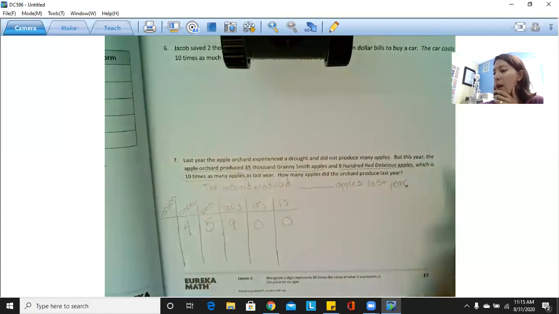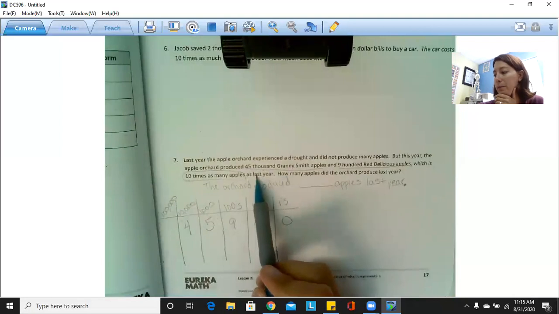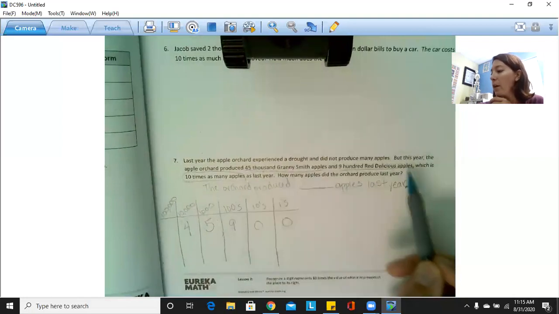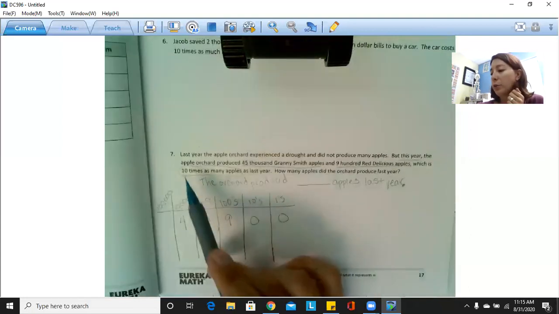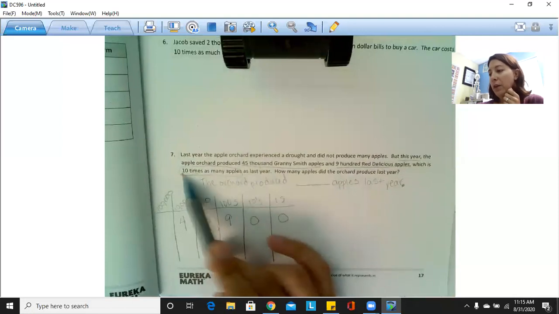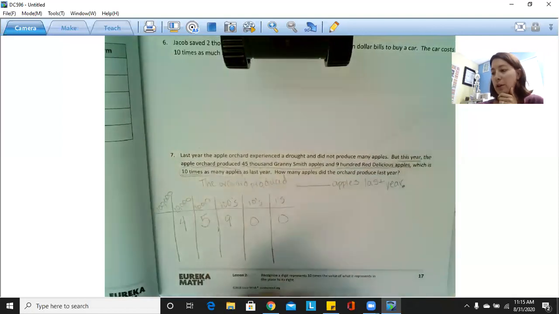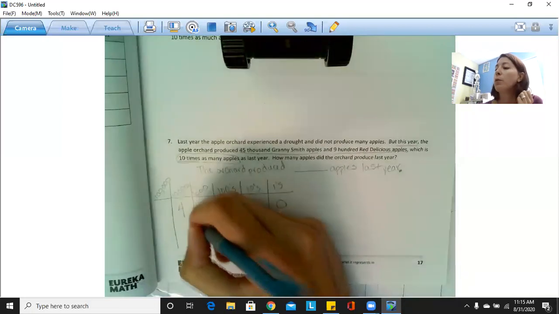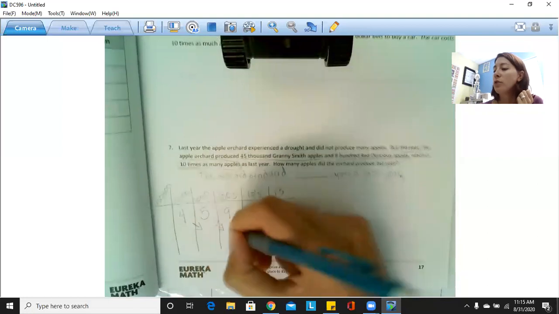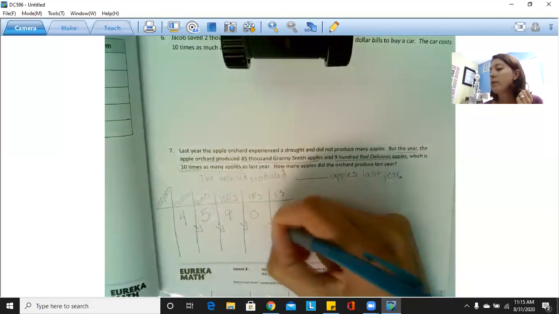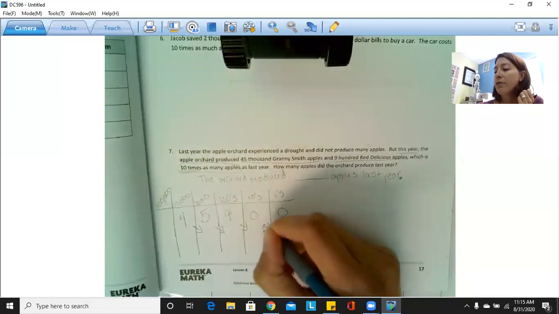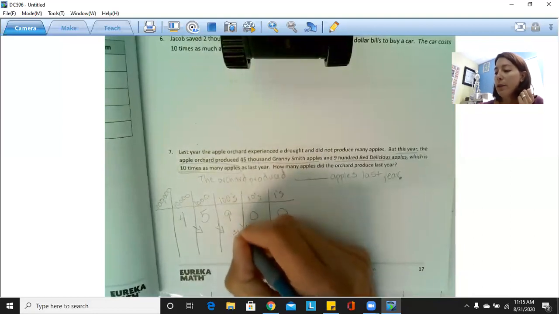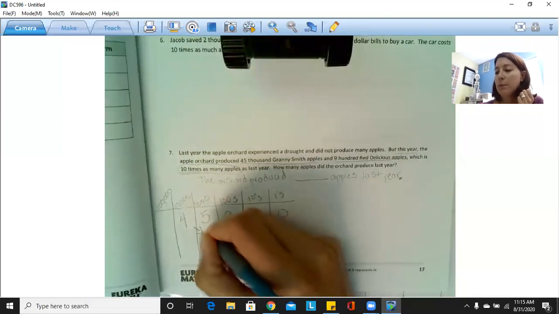That is 10 times more than last year, which means this year they produced more apples than they did last year. We need to decrease our value by 10 to figure out how many apples they produced last year. So just like the practice that we did on our personal whiteboards just a minute ago, we're taking each digit and we are decreasing its value by 10 to figure out the total amount that was produced last year, which is 10 times less.